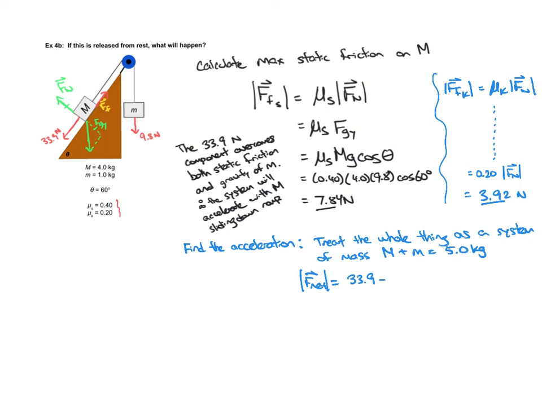Subtract the kinetic friction on it, 3.92 newtons, and also subtract the 9.8 newtons that the lowercase block is kind of pulling the other way on. So that'll be the overall net force. So coming up with 20.18 newtons.